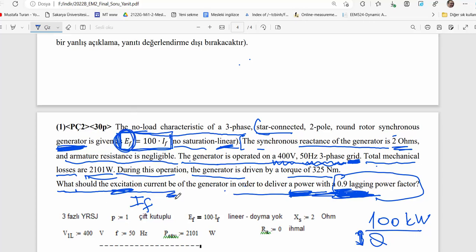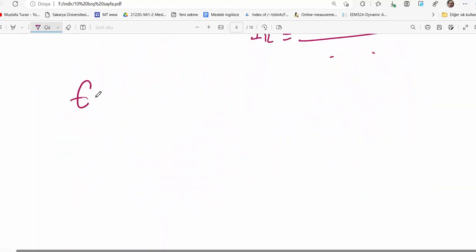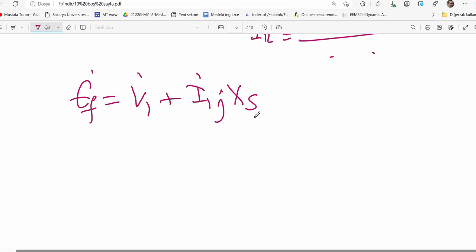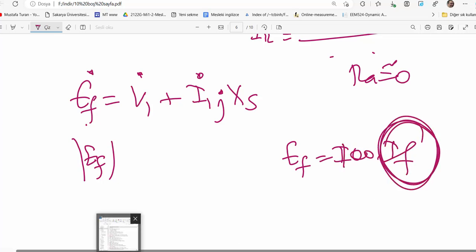Where is the relation coming from? EF is equal to V1 plus I1 times jXs. That is the equation. Ra is neglected, so I haven't written it here. All those are in complex form. I should calculate the EF amplitude first, and then I know that EF is equal to 100 times IF. Then I will calculate the field current.